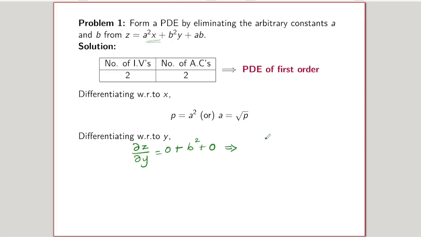So this can be written as q is equal to b square, or we can write it as b is equal to root q. That's what is written here.